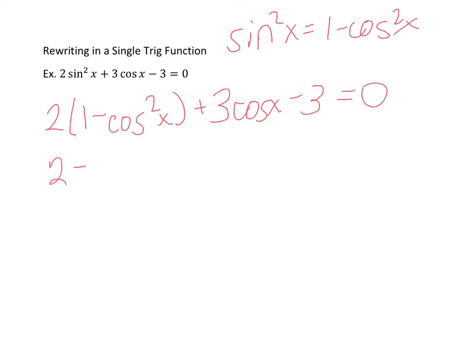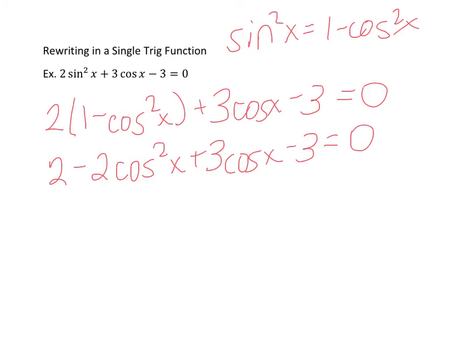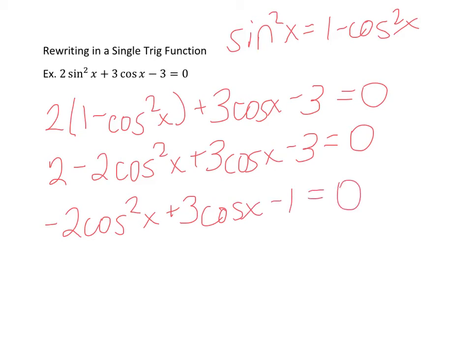So this becomes 2 minus 2 cosine squared x plus 3 cosine x minus 3 equals 0. Combine your like terms. Negative 2 cosine squared x plus 3 cosine x minus 1 equals 0. And then we factor and solve.